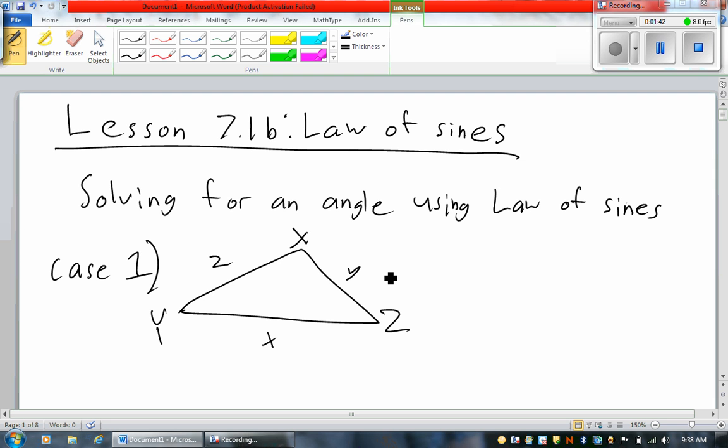We know that angle X is 39.7 degrees, and we don't know angle Y or angle Z. That's what we're going to be trying to find here. But they do give us that side y is 9.8, and they tell us that side x is 23.5.